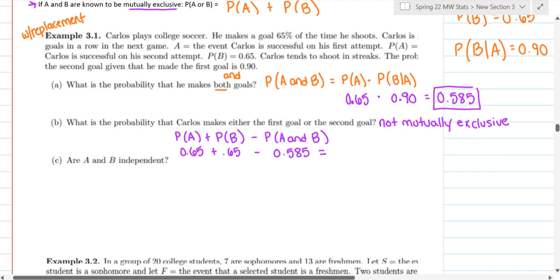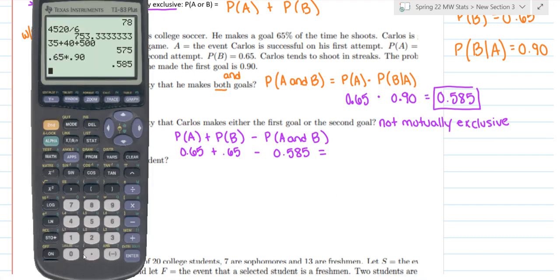So we're pulling that down from part A. So we do 0.65 plus 0.65, and then we are going to subtract 0.585. So that'll be 0.715.